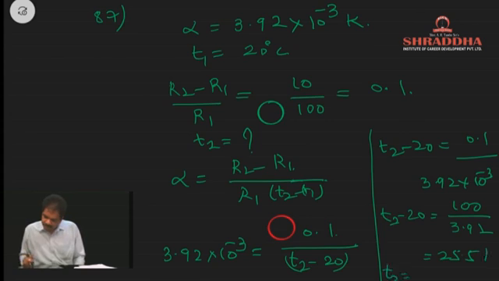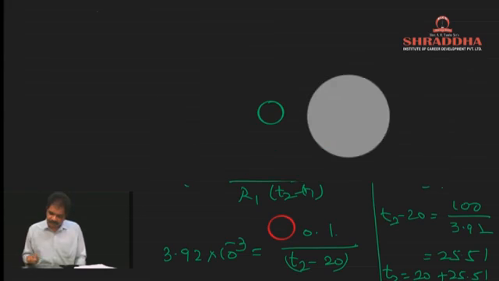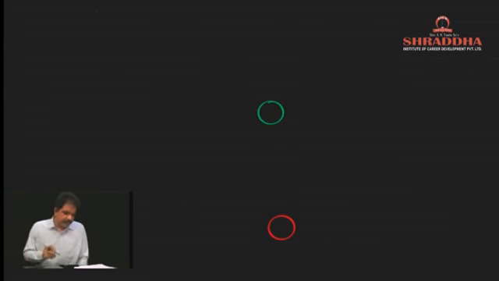T2 is equal to 20 plus 25.51. So 45.51 is the answer. Option number 2 we will get here. Next, go to the next problem. Problem number 88.